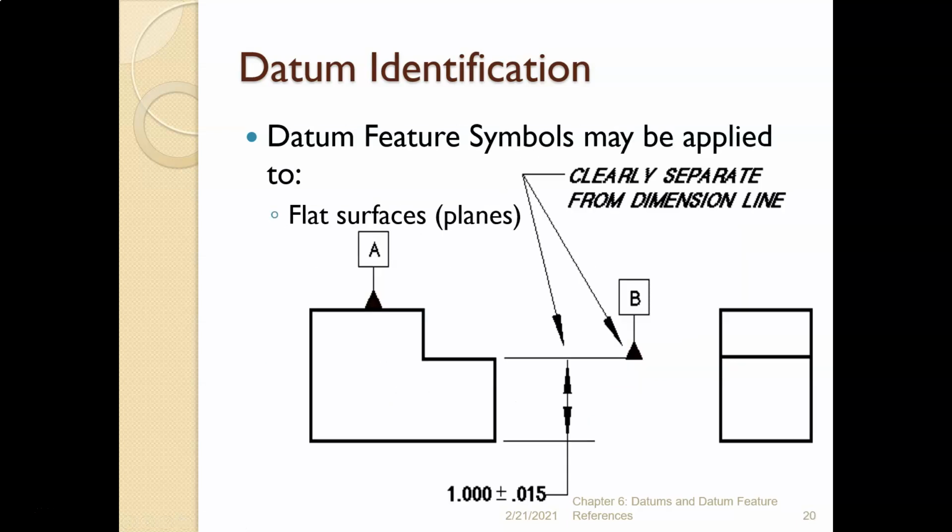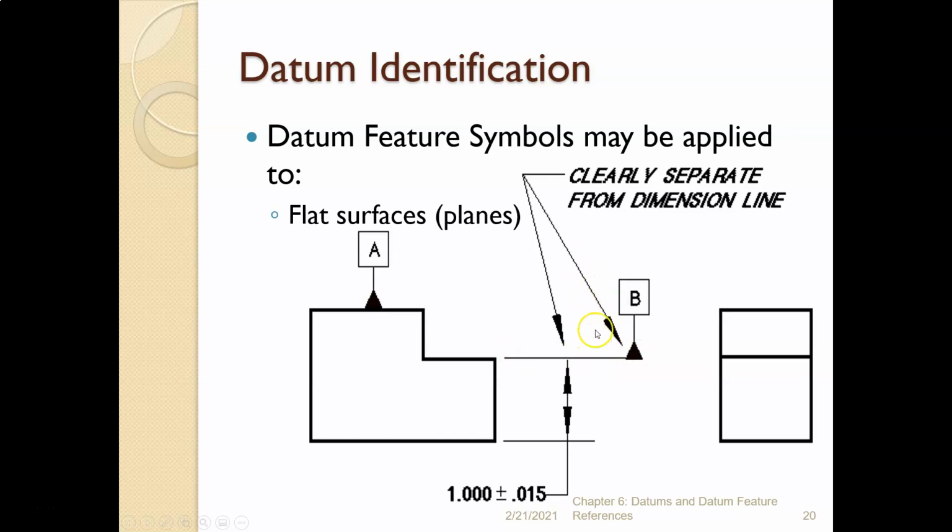All right, so when we're identifying datum features, datum surfaces, we can rest the datum on the actual feature, or we can put the datum on an extension line, okay?